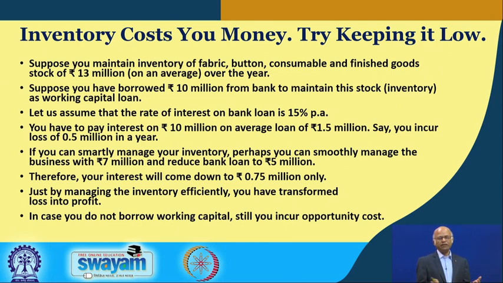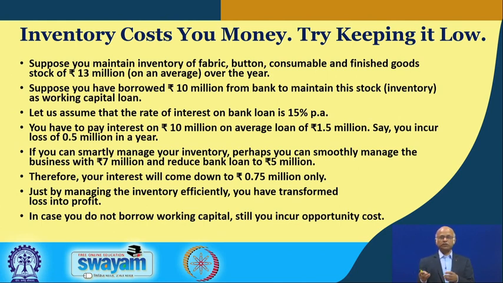Like we may think that inventory means inventory, we can just at will increase the inventory and then do business, but just by efficient management of inventory, meaning the inventory of raw material that you hold for smooth production, and the stock of finished goods you hold for smooth sales.